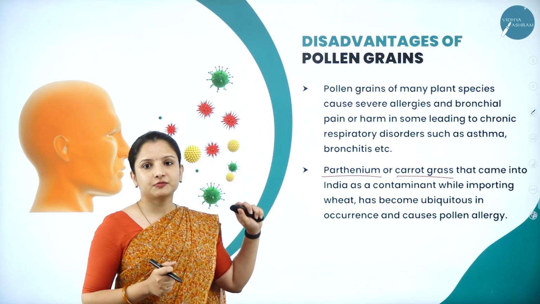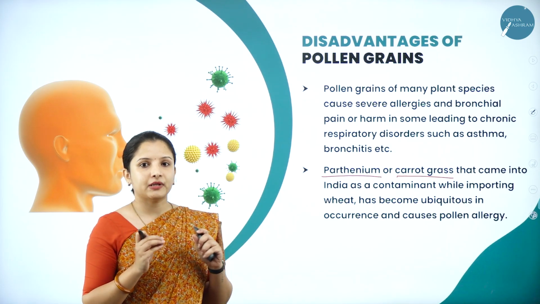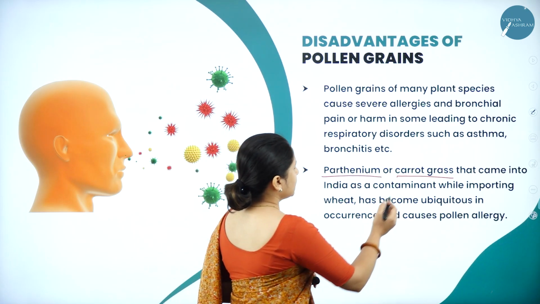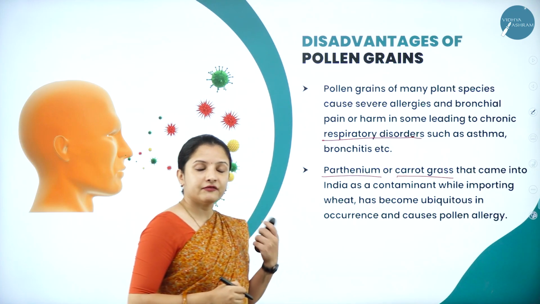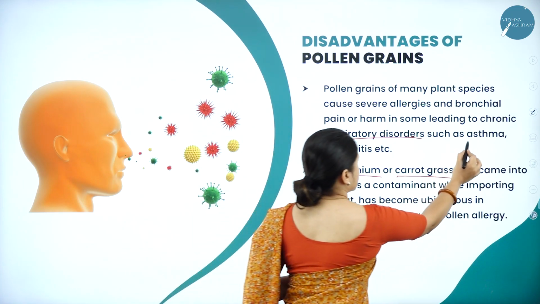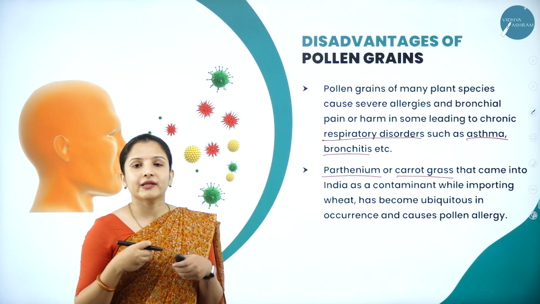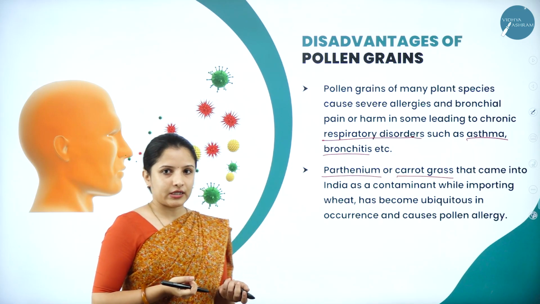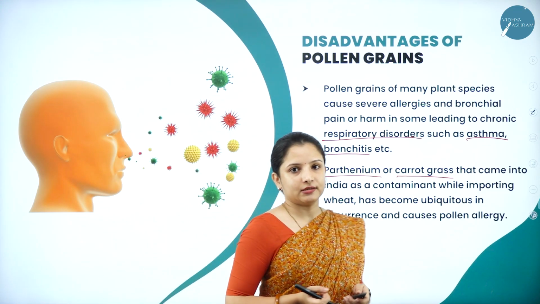Especially the pollen grains of the Parthenium plant cause a lot of chronic or severe respiratory disorders such as asthma, bronchitis. Apart from that, you get various allergies related to the eyes, the skin, and all that. So this is the disadvantage of pollen grains.